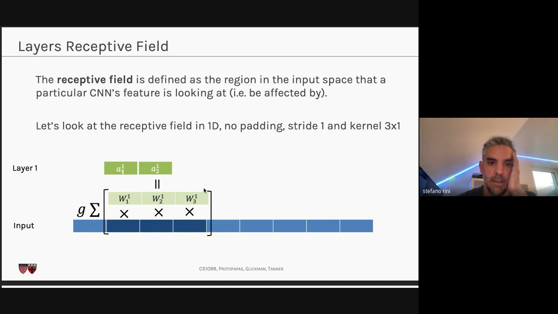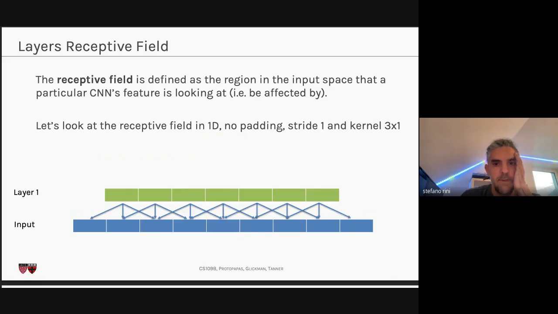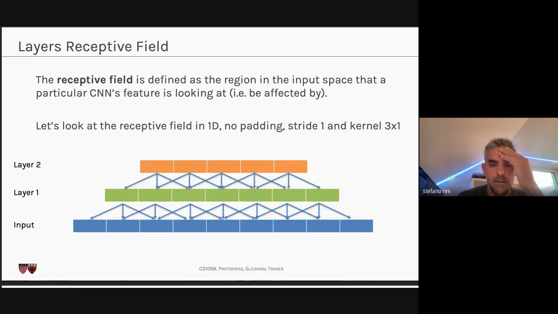So remember, the elements are the same, and we see which ones are selected by the pooling. So this is the first one, this is the second one, and this is the third one, and so on and so forth. And then we have a first layer, and that produces this input. And this is the receptive field of 1 by 1, stride 1, kernel 3.